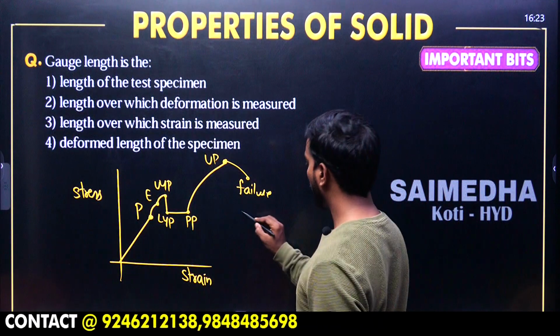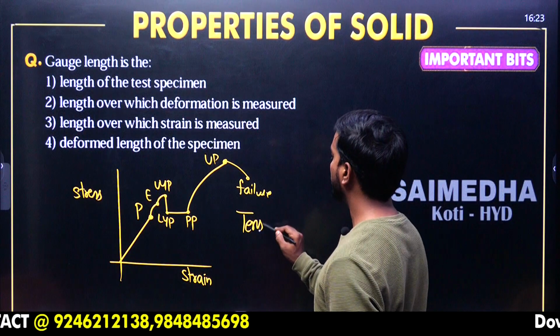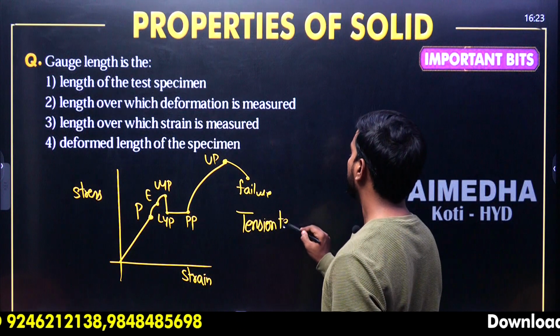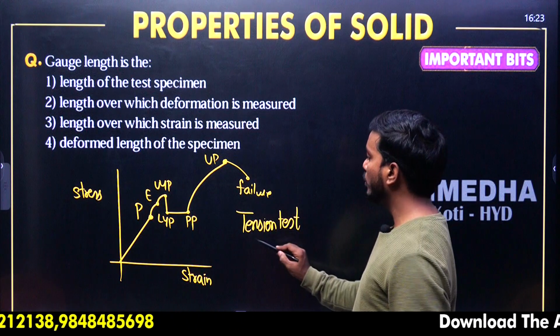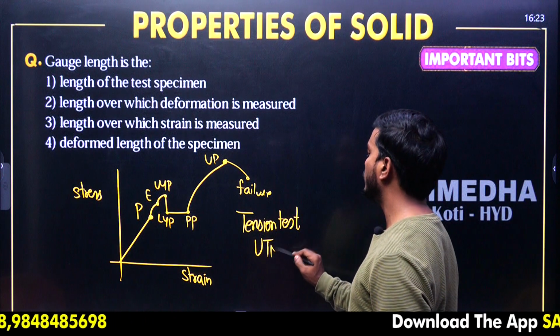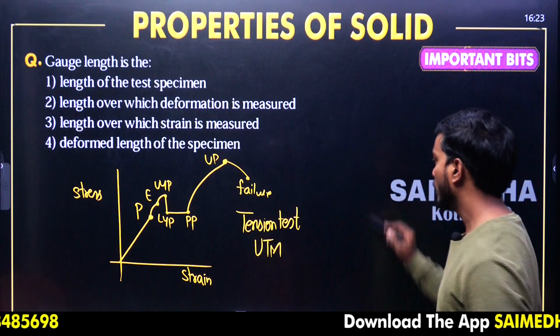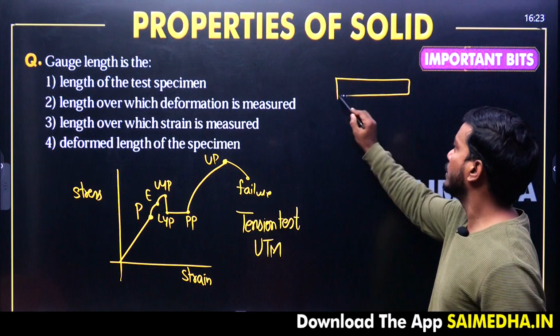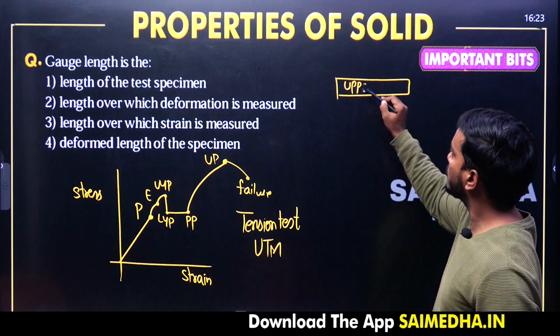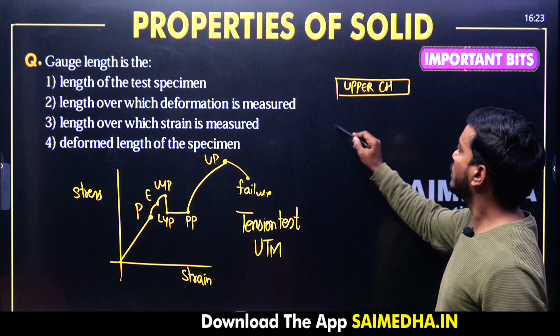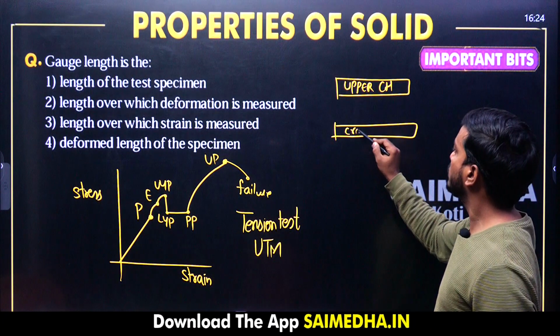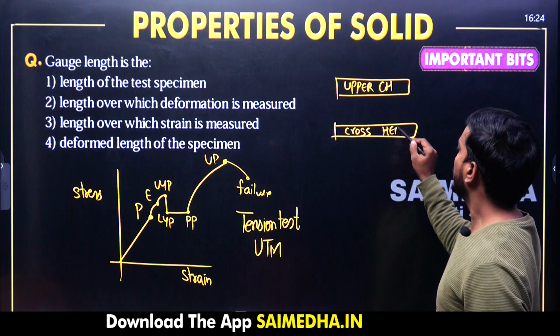It is generated by a test called the tension test, which is performed over a machine called UTM, Universal Testing Machine. Universal Testing Machine has an upper crosshead, then one crosshead, and then a table.